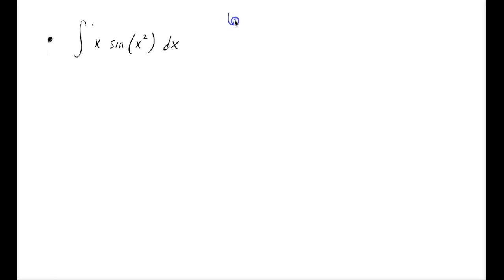All right, so let u equal x squared. And so what that's going to mean is du over dx is going to be 2x, which means that du is equal to 2x times dx.